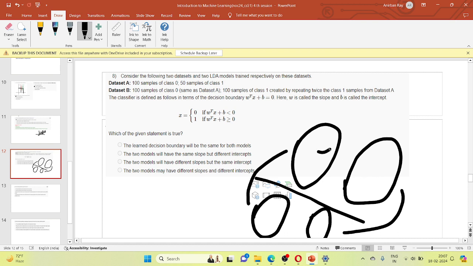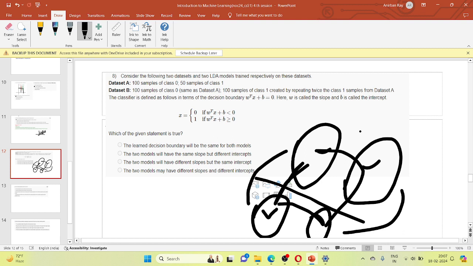The covariance of both has to be the same as well, since the data is the same. So everybody has the same covariance, and the mean and covariance matrix are the same.